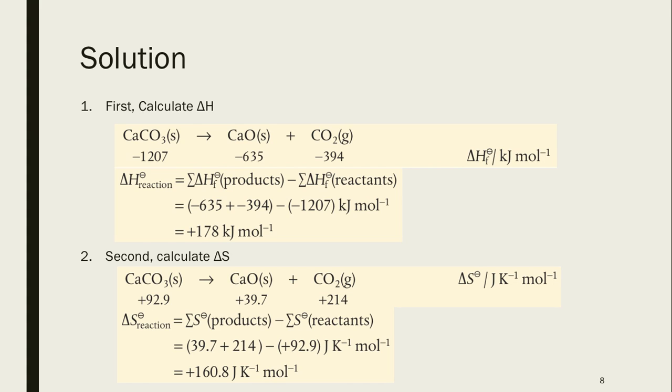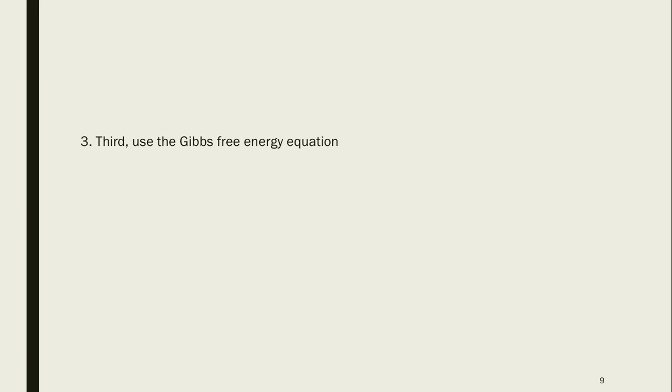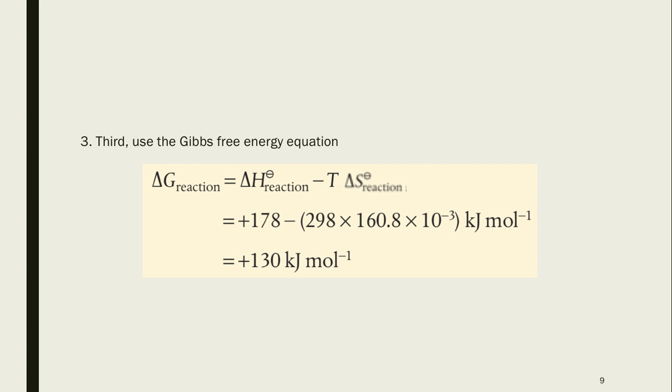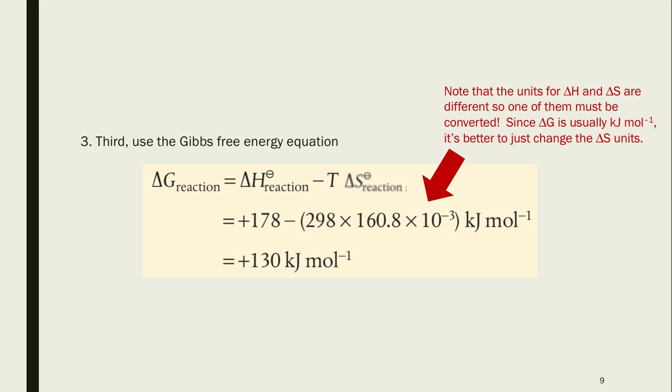Okay, so again, we note that the units for delta H and delta S are different, and that's going to play a role in our third step when we use the Gibbs free energy equation. So we would do delta H minus T delta S, and it's noted that the units are different, so one of them must be converted to the other.